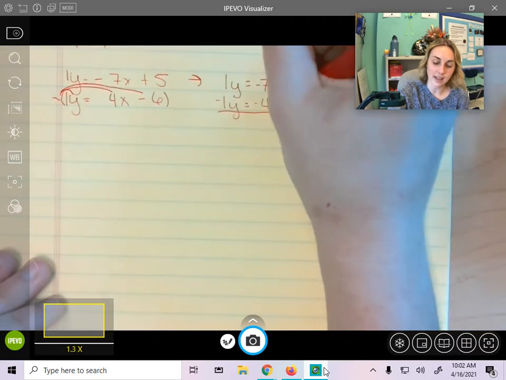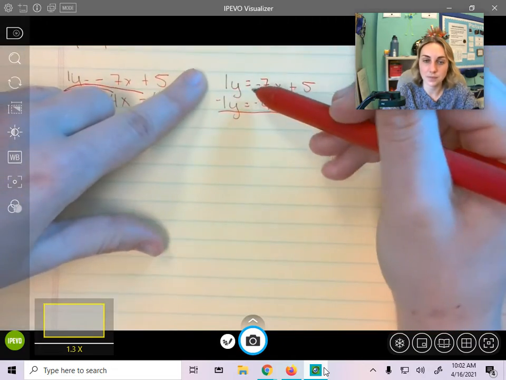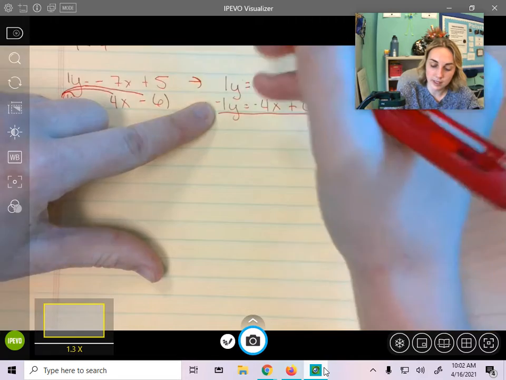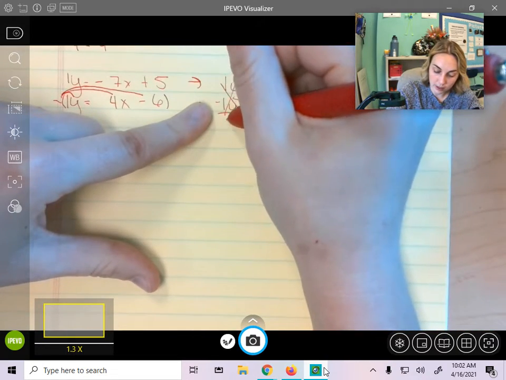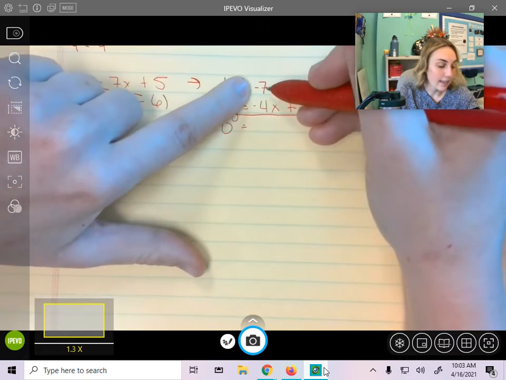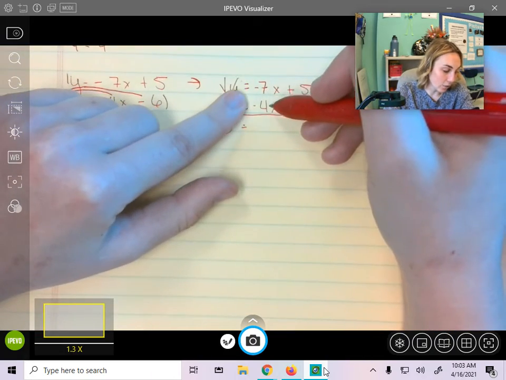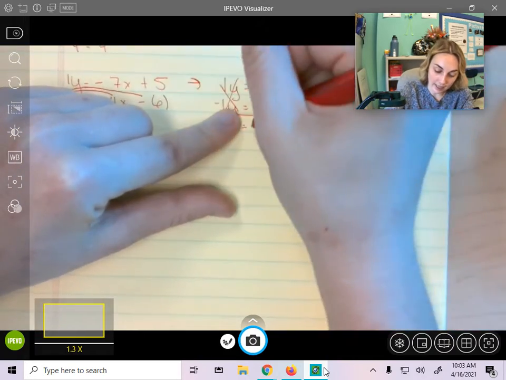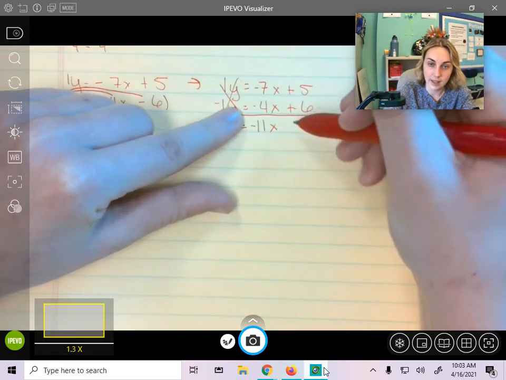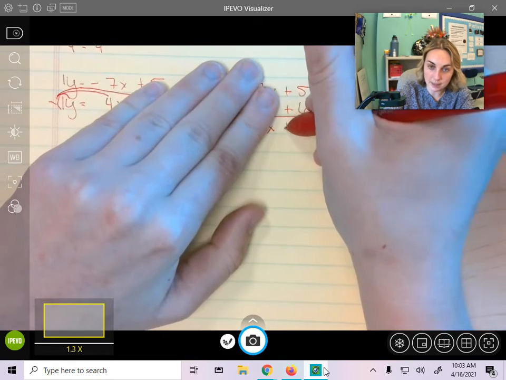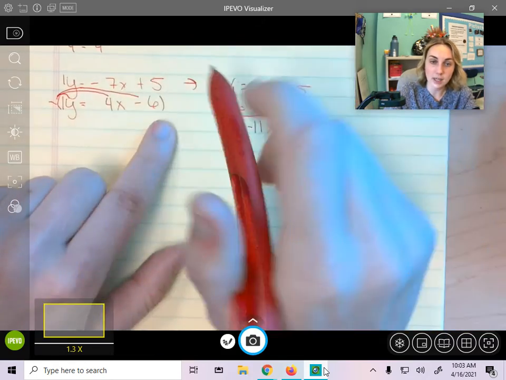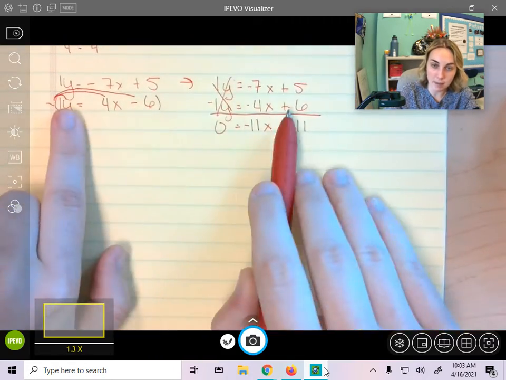All right? So now I can subtract down. 1 minus 1, those are going to cancel out. They're opposites, so that's going to be equal to 0. -7 minus 4 is going to give me -11x. Now, 5 plus 6 is going to give me a plus 11, because when I did a negative times a negative, it gave me a +6.